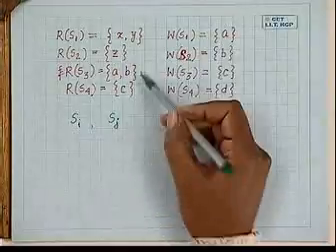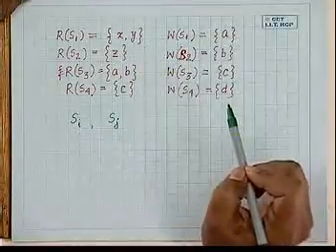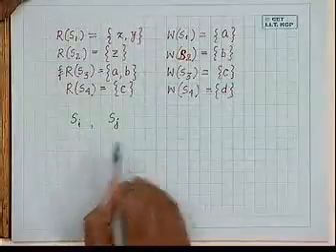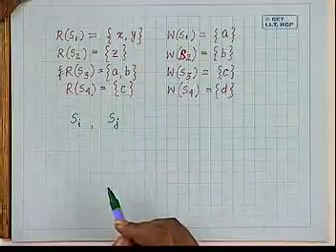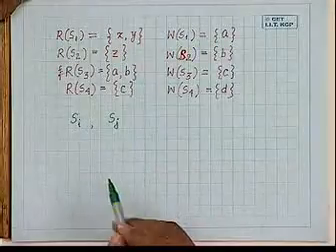Okay. So by studying this read set and write set, we can conclude that these two statements, Si and Sj, can be executed concurrently, provided the write set of one does not intersect with any of the sets of the other one, and vice versa. Okay.